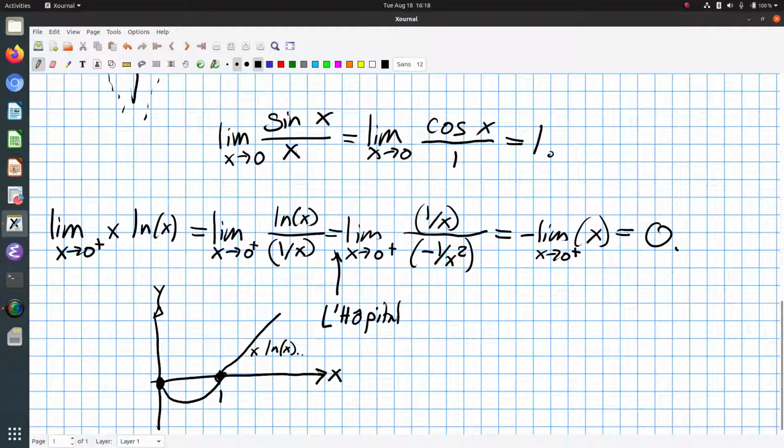So L'Hopital's rule is a pretty convenient tool for that sort of thing. I would say it tends to creep up on students when they're least expecting it. And so be on the lookout. Even if you see some limit you can't evaluate just by looking at it or using some of your other tricks, if it's a product, think about whether you can rewrite it as a fraction. And of course, if it's a fraction, be on the lookout for L'Hopital's rule.